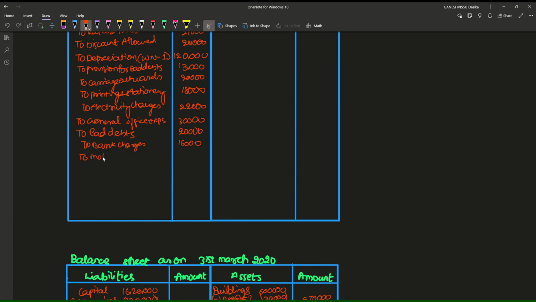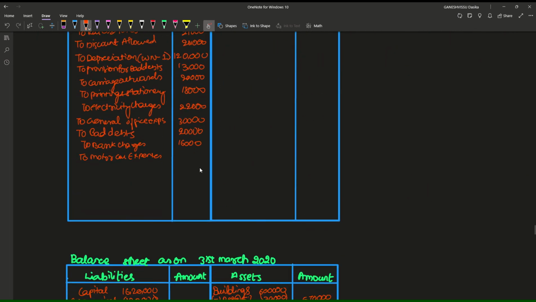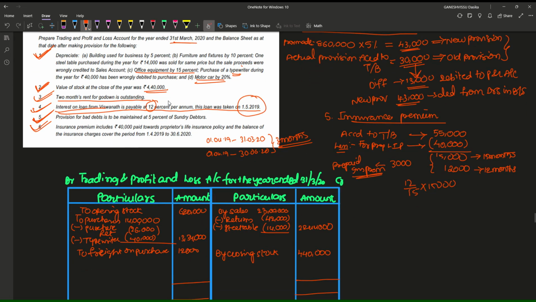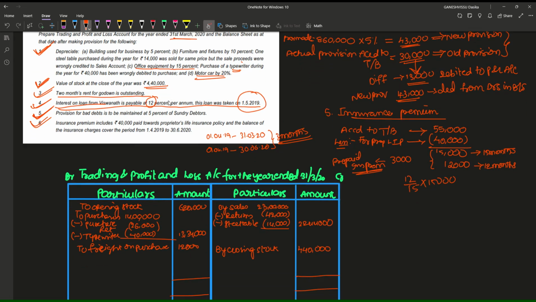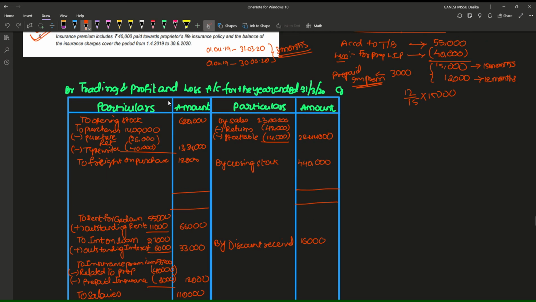To motor car expenses 36,000. Now we can go for the last thing. The capital account has already been completed, 16 lakhs 20,000. What remains is the gross profit, net profit, and also the total of the balance sheet. Let us have your gross profit of 22 lakhs 44,000 plus 4 lakhs 40,000, which is 26 lakhs.